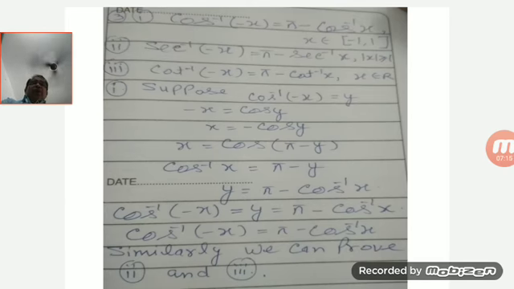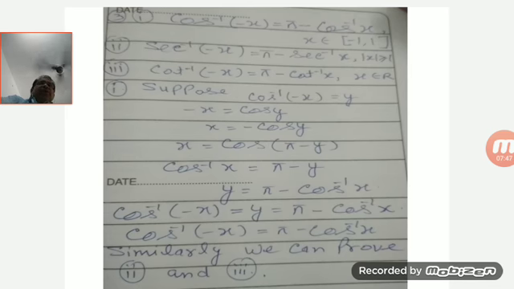Now I will tell you the difference between the second formula and the third formula. In short form I have explained it, but in a broader way you can understand that in the second formula all three properties were related to the closed interval -pi/2 to pi/2, and in the third formula all three parts were related to the closed interval 0 to pi.